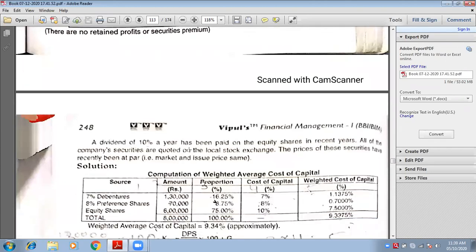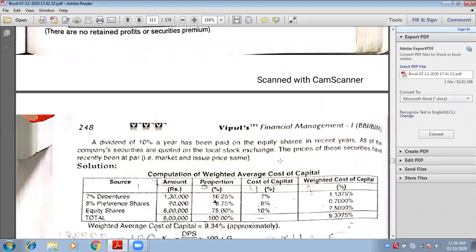This is the cost of capital percentage. I think there is no need to convert it into rupees, because weighted average cost of capital will always be in the form of percentage only.